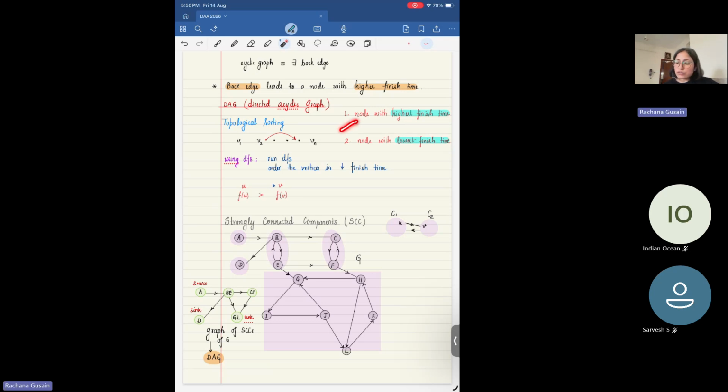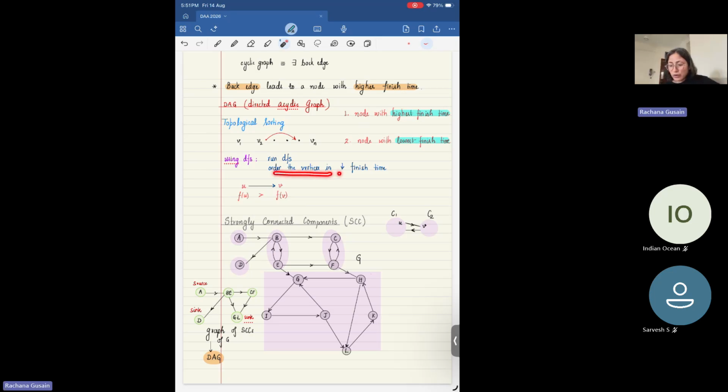The answer to these questions is that it will be either a source node or a sink node. Highest is sink and lowest is source. Why? Why source is lowest? Try to answer this question based on the algorithm that we discussed for topological sorting.